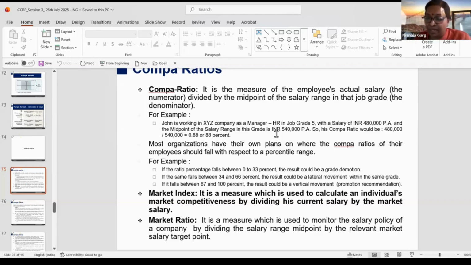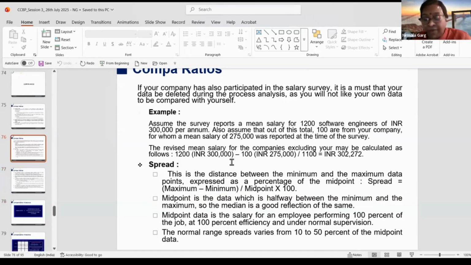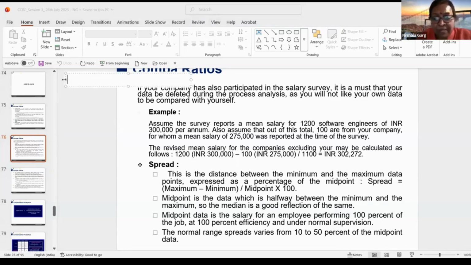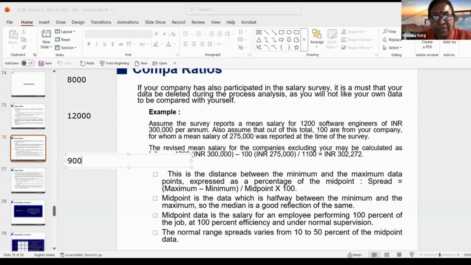That means I'll give you an example. Say, for example, Avik, I'm again coming to that simple. Avik's salary band is 8,000 to 12,000. I'm giving a simple number. Okay? His salary is 9,000.